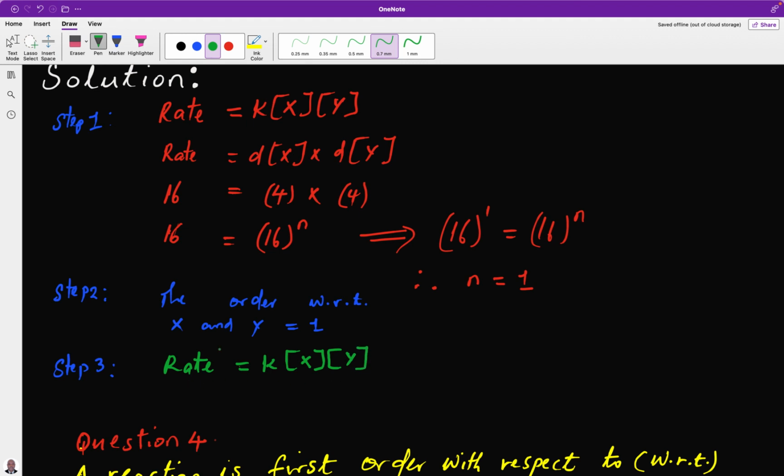So this will be our rate equation for this reaction.